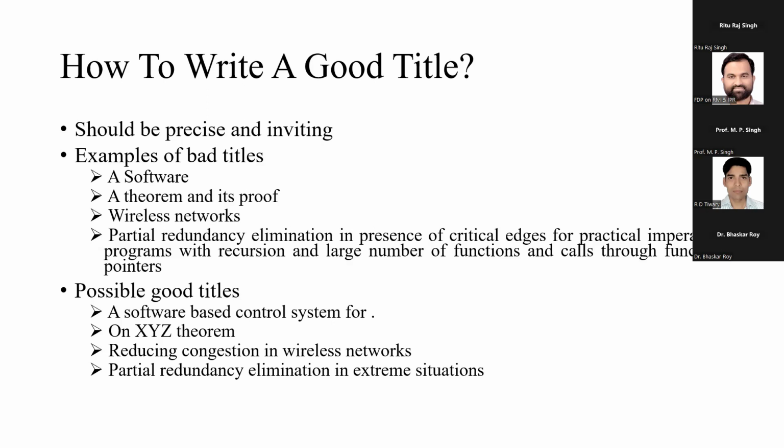Instead of this, based on your work, you can think of reducing congestion in wireless networks. Could be one title. The last one where you have many words, you can think of writing the same thing as partial redundancy elimination in extreme situation.